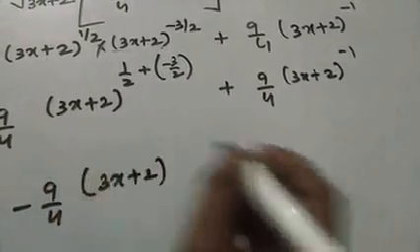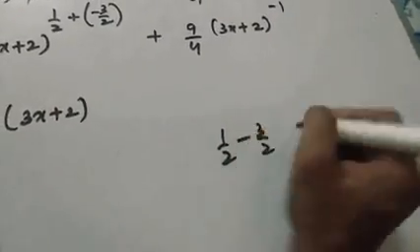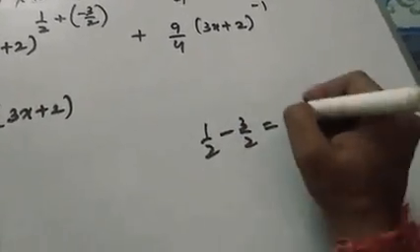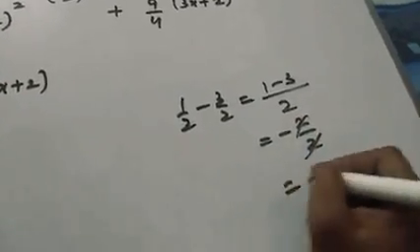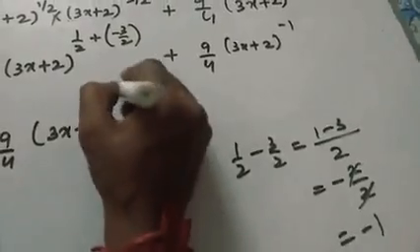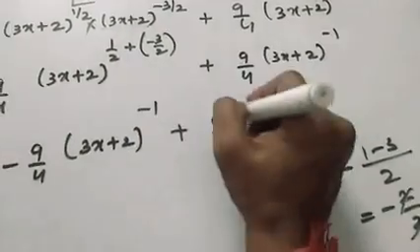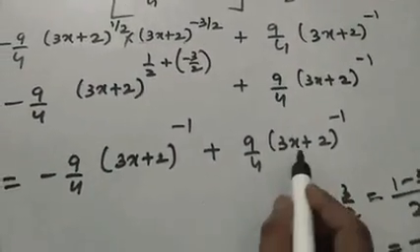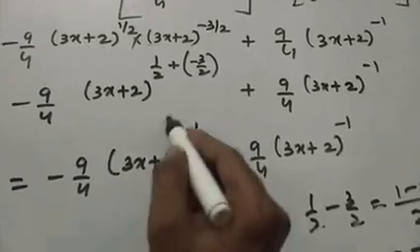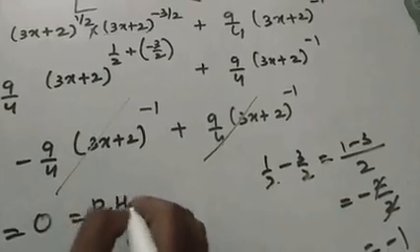Now here half plus minus 3 by 2, taking the LCM 2, 1 minus 3, that is minus 2 by 2, cancel, so finally minus 1. So we can write here minus 1 plus 9 by 4, 3x plus 2 to the power minus 1. So these two are same, but this is minus, this is plus, so this will cancel out and the final answer will be 0, which is your right hand side. Hence proved.